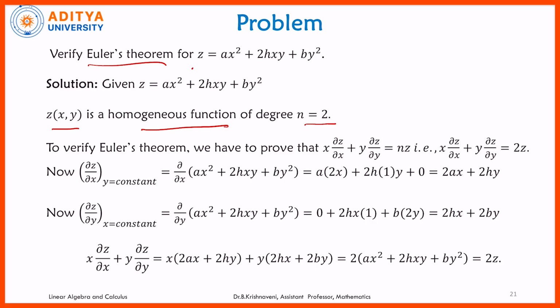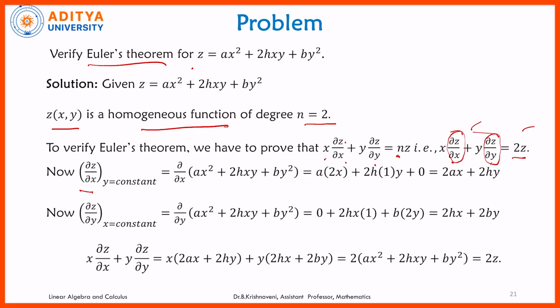So, now in order to verify Euler's theorem, what you have to prove is that x ∂z/∂x plus y ∂z/∂y is equal to nz. What is n? Degree. That means you have to show that x ∂z/∂x plus y ∂z/∂y is equal to 2z. Now, to prove LHS equals RHS, first we need ∂z/∂x and ∂z/∂y.